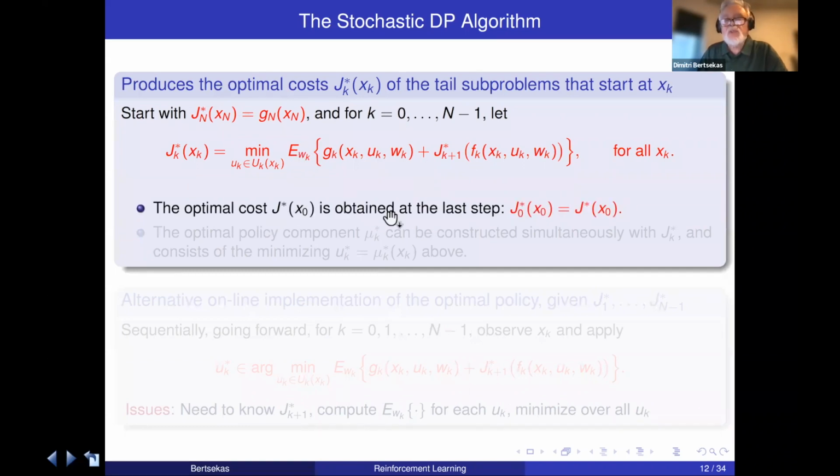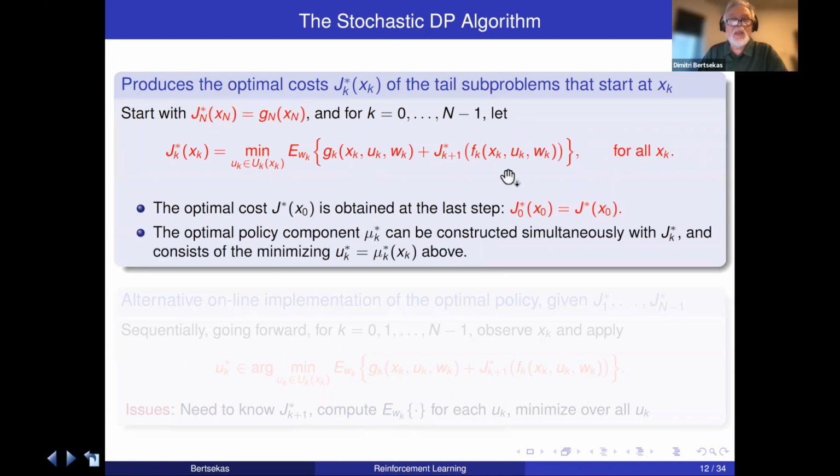And the optimal cost is obtained at the last step. The last function obtained, J0 star, is the optimal cost function. Moreover, from this algorithm, we can obtain also the optimal policy. And the optimal policy component mu k star can be constructed simultaneously with Jk star with this calculation and consists of the minimizing uk star here.